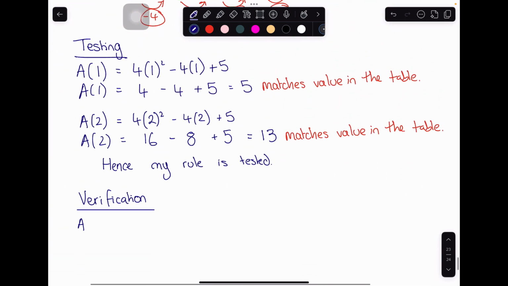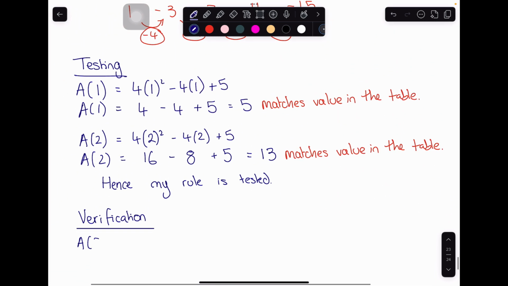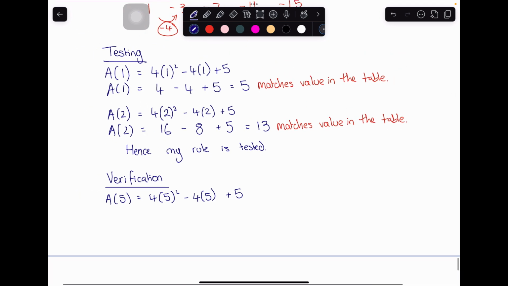Okay, we've got a of 5. Okay, that's going to be equal to 4 times 5 squared minus 4 times 5 plus 5. Okay, so a of 5 is equal to 100. Subtract 20 plus 5, which is 85.